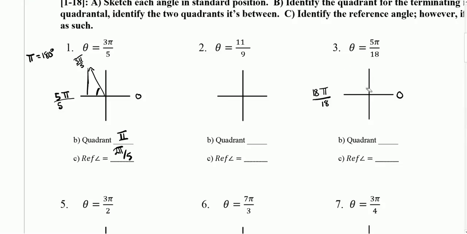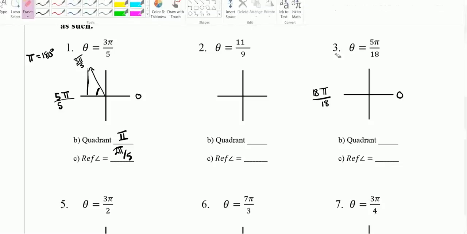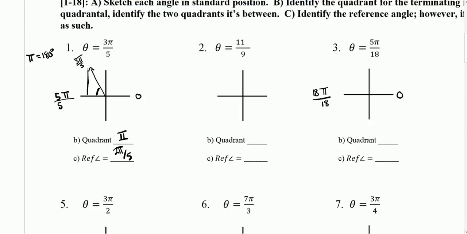Well, that's less than 18 pi over 18, so it's going to be either in quadrant 1 or quadrant 2. And 5 is closer to 0 than it is to 18, so we're working in quadrant 1. And the reference angle here is the difference between 5 pi over 18 and 0, which is just 5 pi over 18 again. So our quadrant 1 and 5 pi over 18.